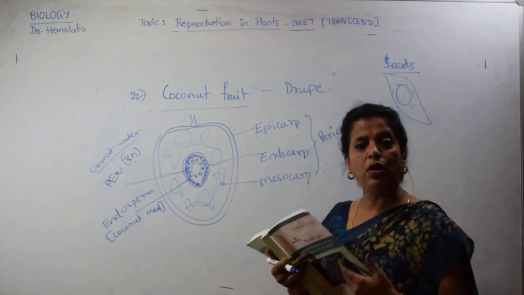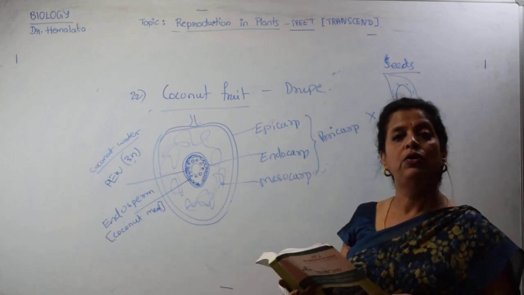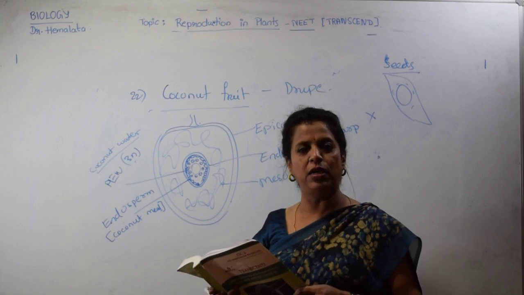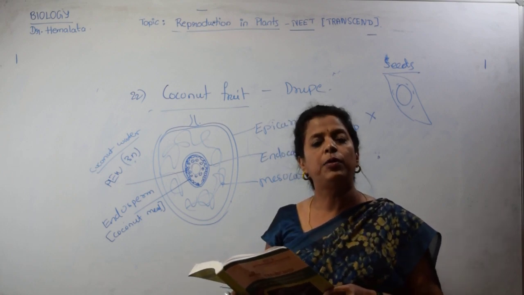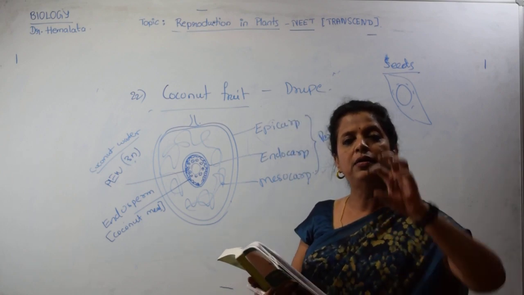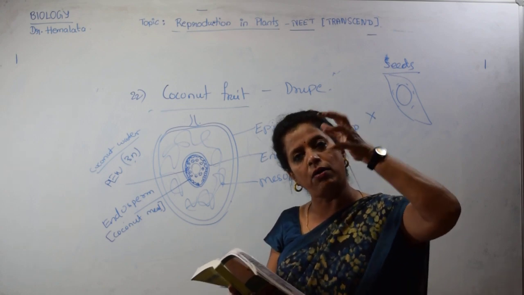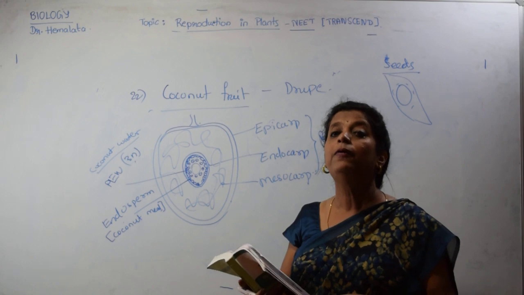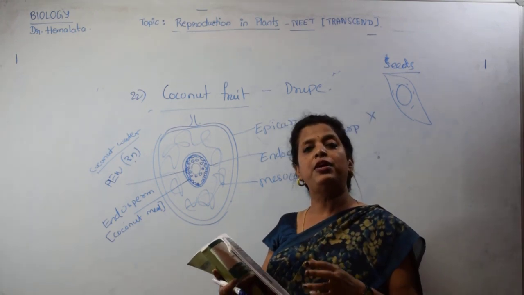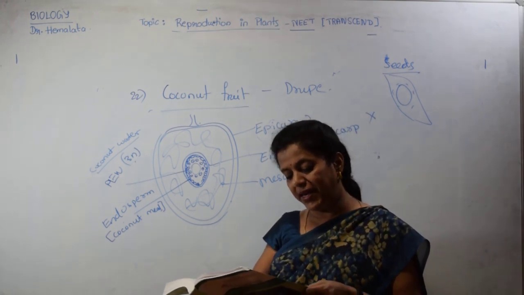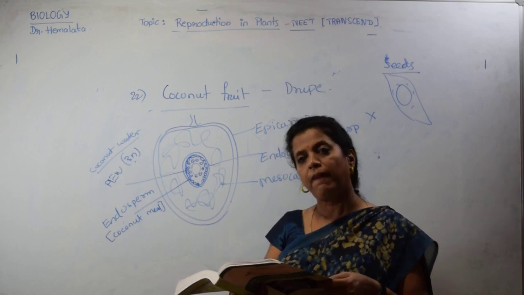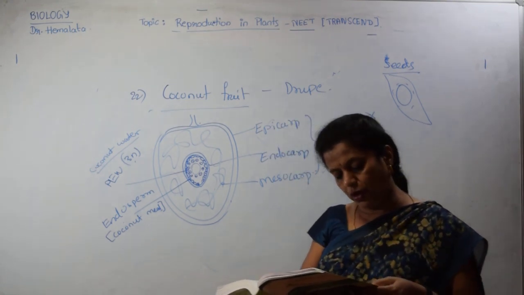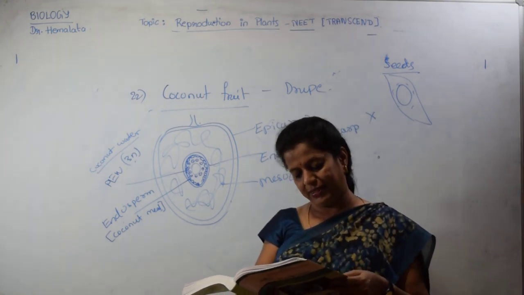They are called non-albuminous seeds or non-endospermic seeds. They will be dry in nature, like pea. They will not have any jelly-like endosperm around the seed. They are called non-endospermic seeds, right? But some of them, like castor and other plants, they retain the endosperm. They are called endospermic seeds, right?